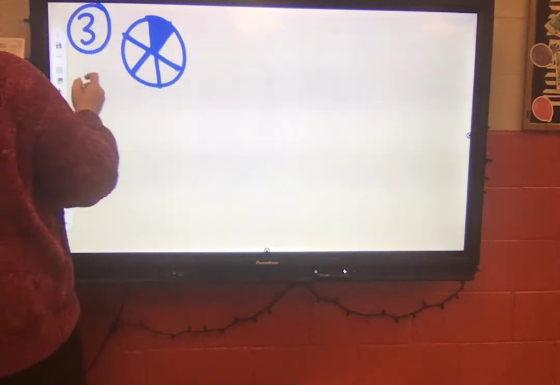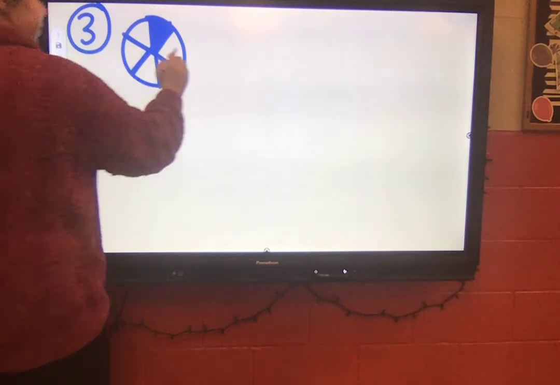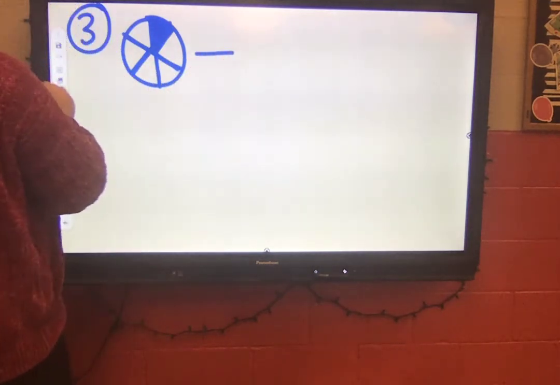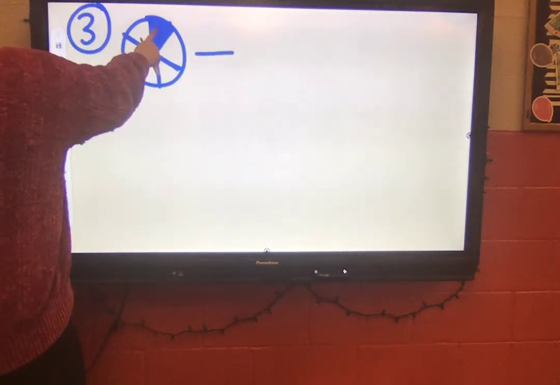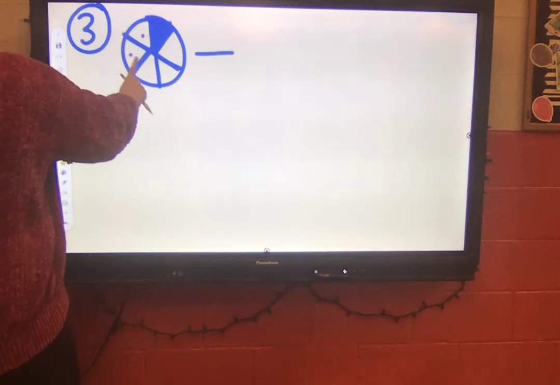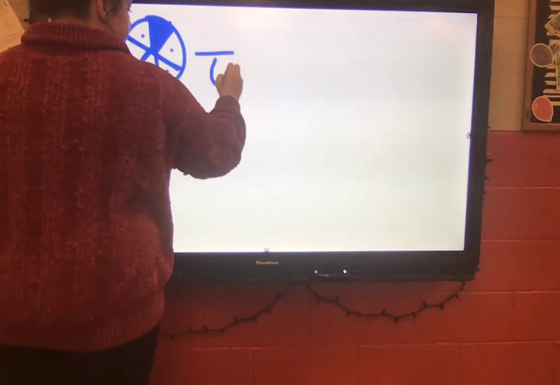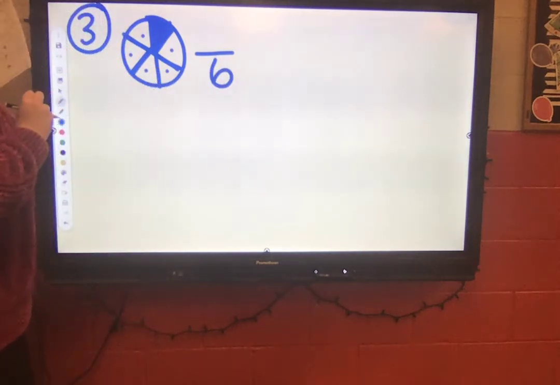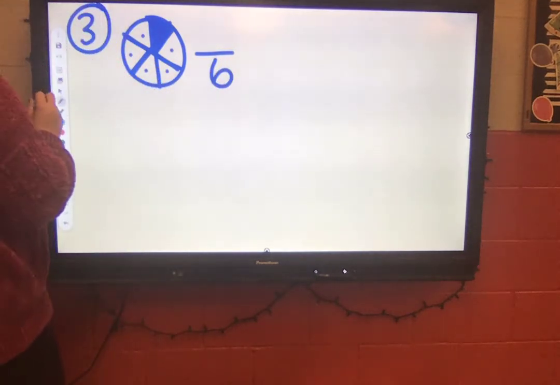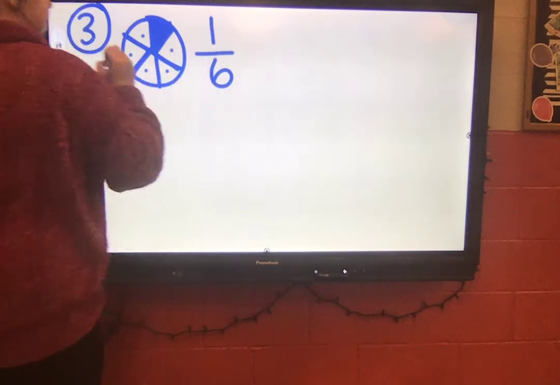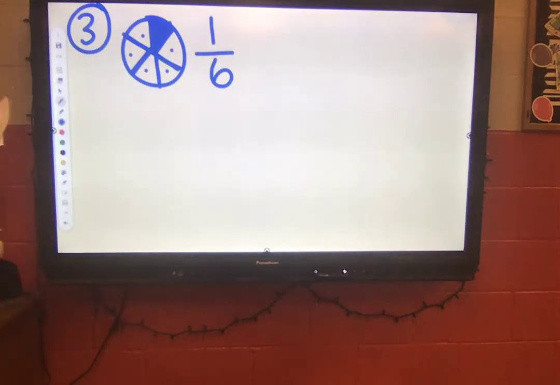Okay, so now I need to do my fraction. How many pieces are there total? We'll start out with the colored one. 1, 2, 3, 4, 5, 6. 6 pieces total. And how many are colored in? 1. So my fraction for this circle is 1/6.